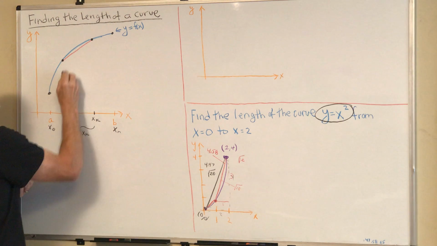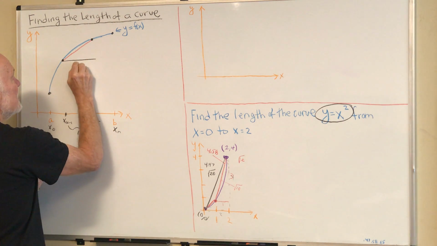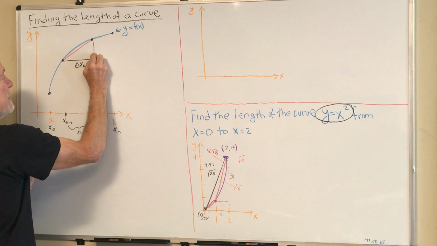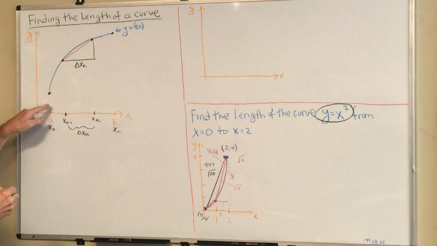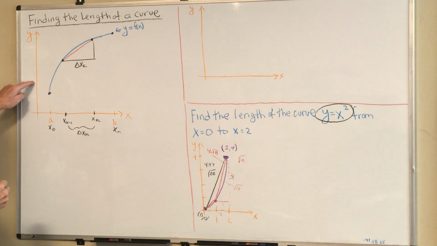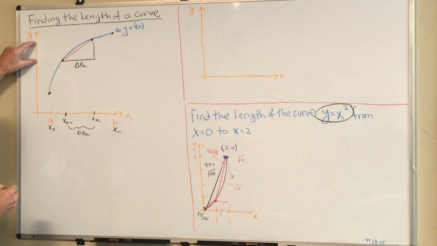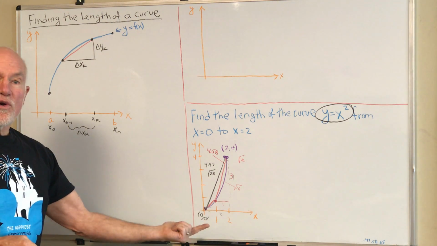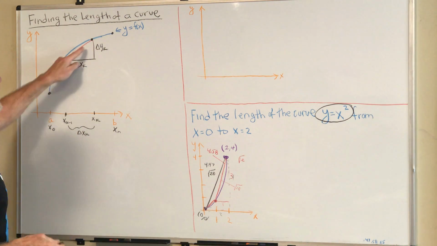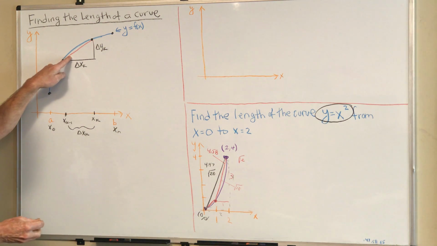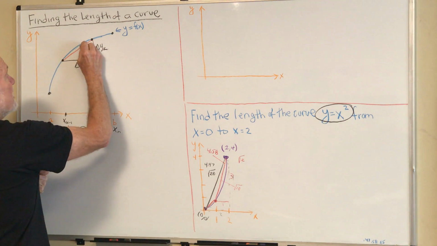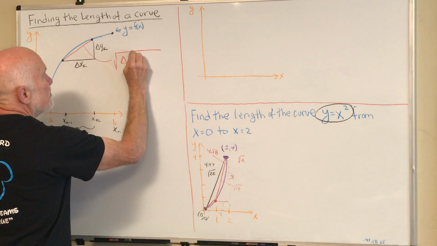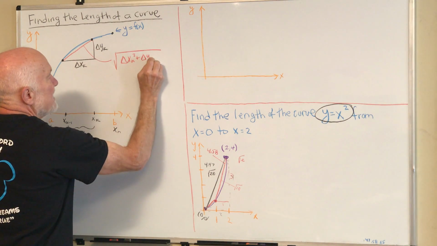Associated with every point x sub k is a y sub k over here, so we could have a delta y sub k. And now, using the same distance formula, or the Pythagorean theorem, we can find the length of that red line. It would be the square root of delta x sub k squared plus delta y sub k squared.